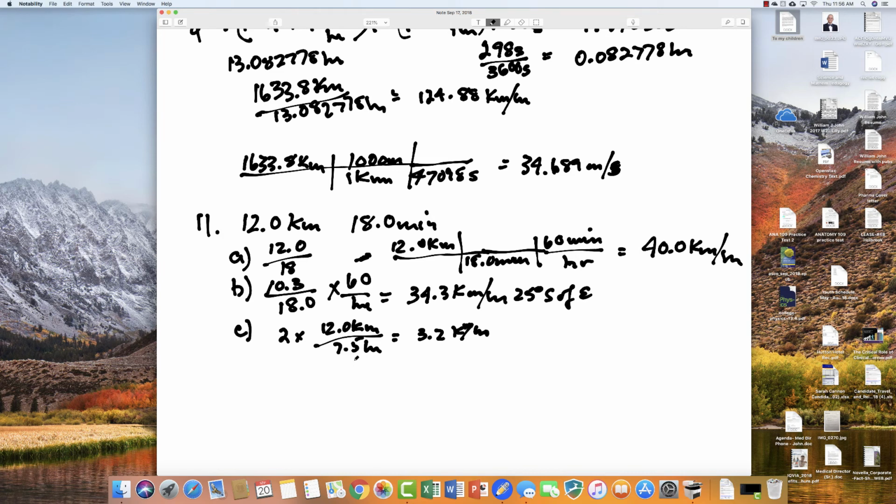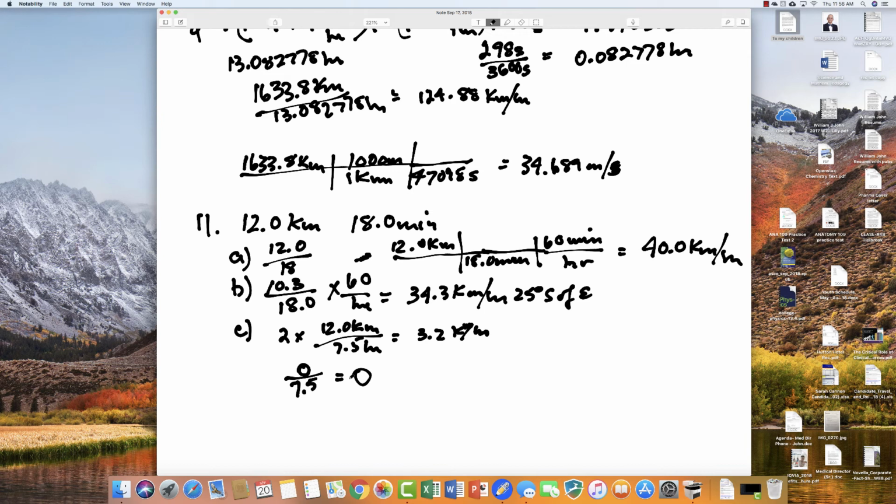The velocity, on the other hand, since she returned home, there's no displacement, so it's 0 over 7.5, and you end up with an answer of 0. And that's another one of those trick questions like the propeller question we had in class.